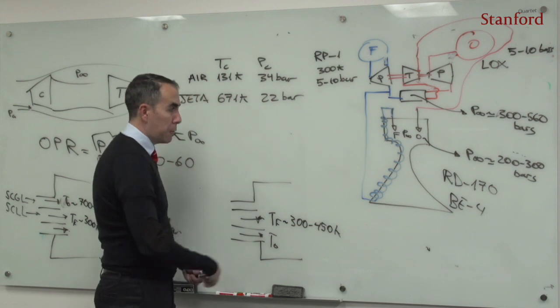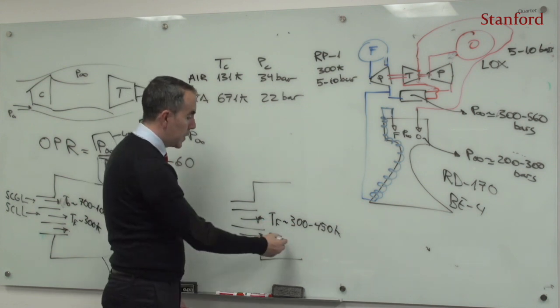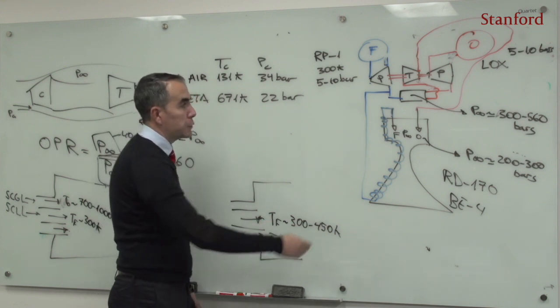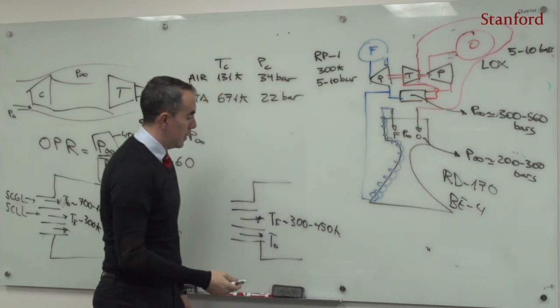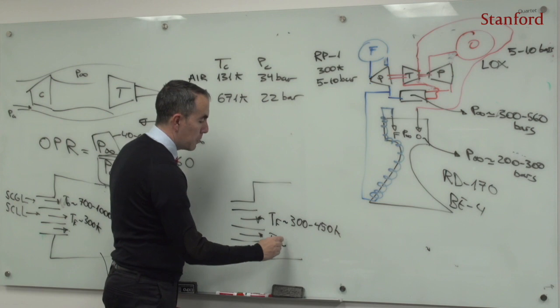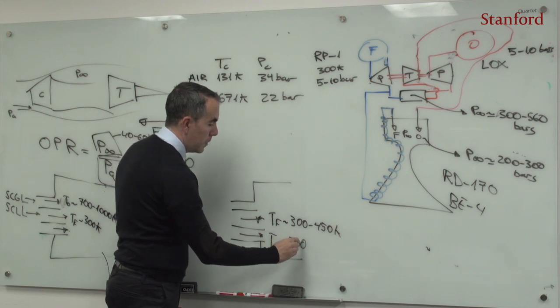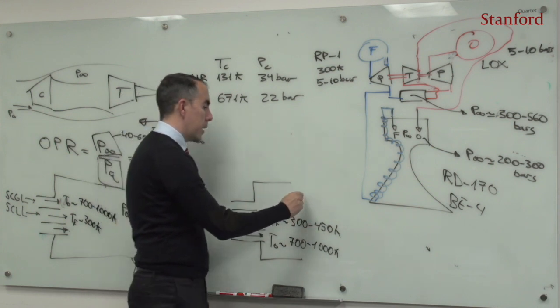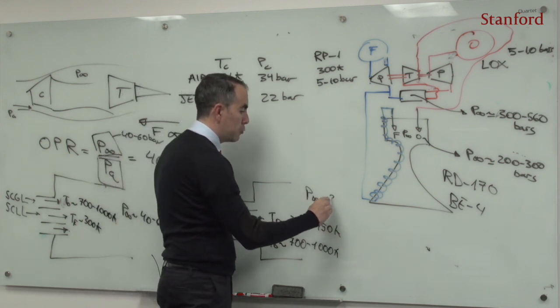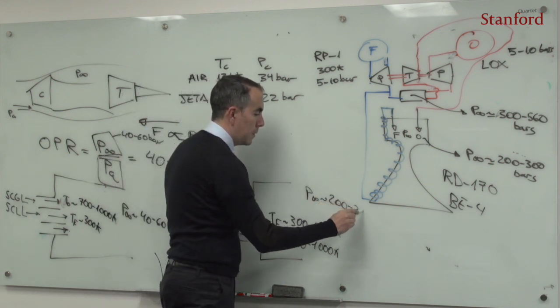And this is a hydrocarbon, right? And then the oxidizer is injected after passing through the pre-burner. After passing through the pre-burner, the oxidizer is hot, so it is injected at 700 to 1000 kelvins. And the pressures here, again, are of the order of 300 bars.